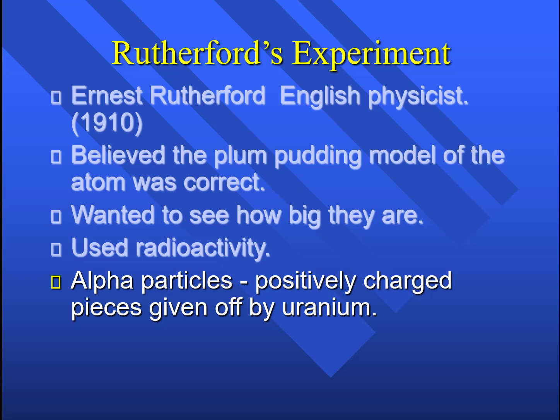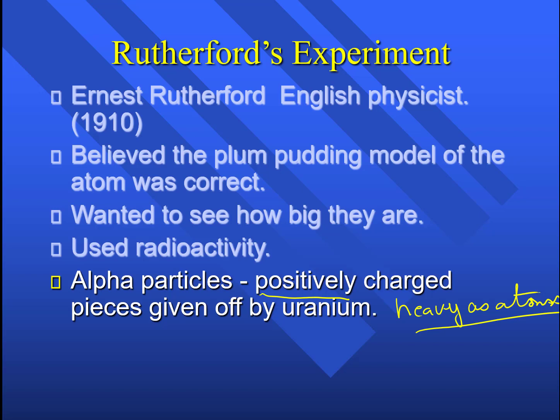And for us, the important part is that there's a couple things. One is that they're positively charged, so the electric field's going to affect them. But they were as heavy as atoms.